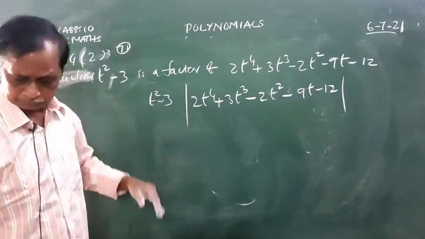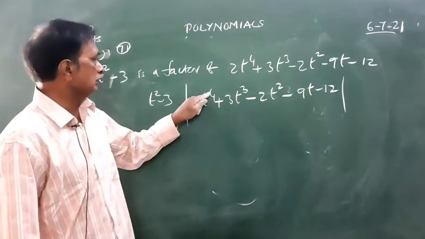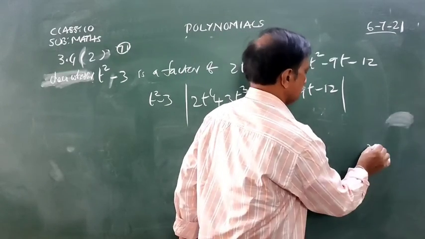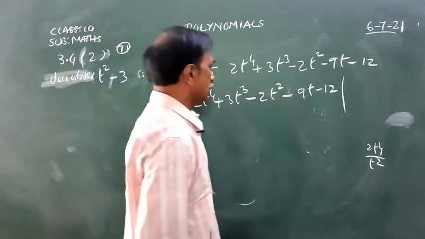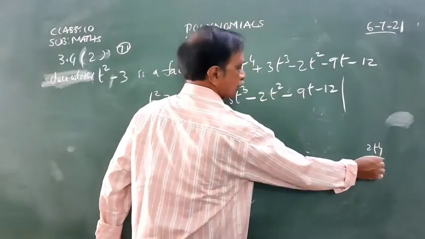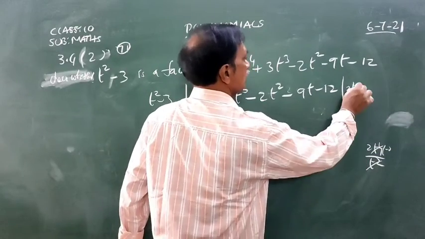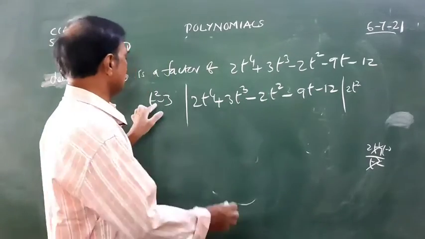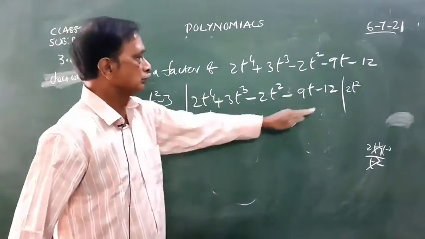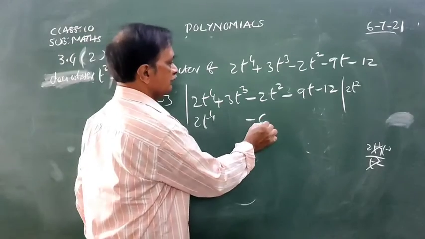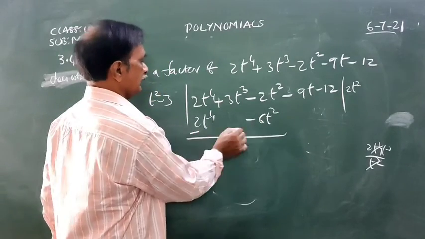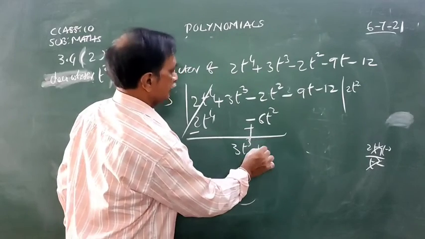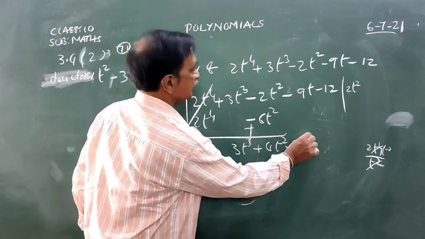Divide the first term by first term. 2t power 4 by t square equal to what? 2t square. Multiply: 2t square into t square, 2t power 4. 2t square into minus 3, minus 6t square. Subtract, minus plus. These two get cancelled. We get 3t cube plus 4t square minus 90.